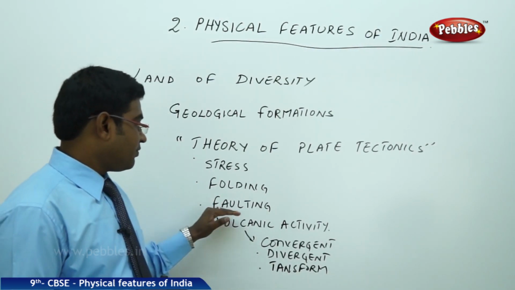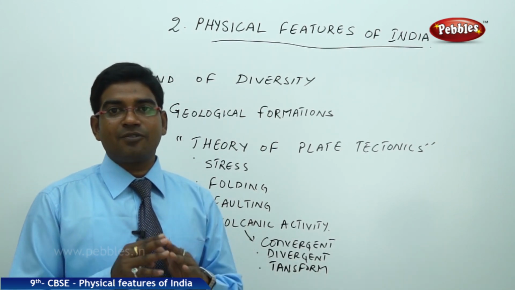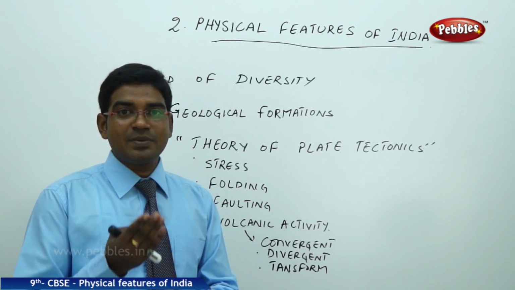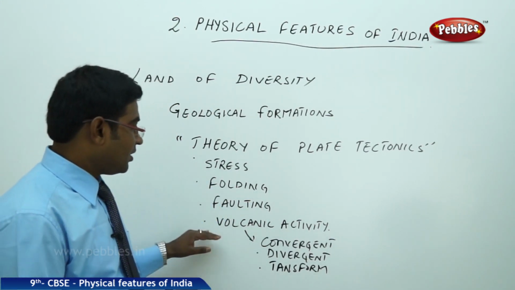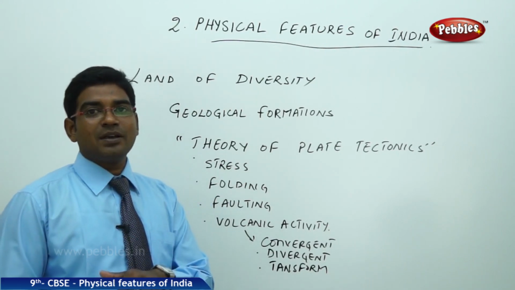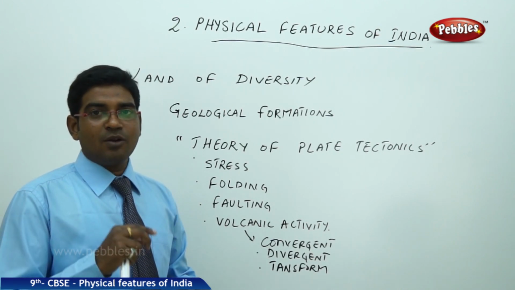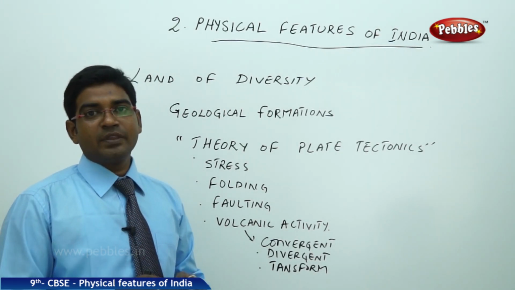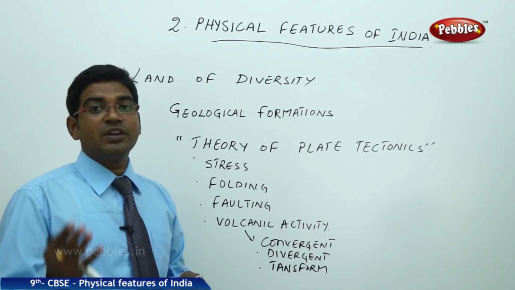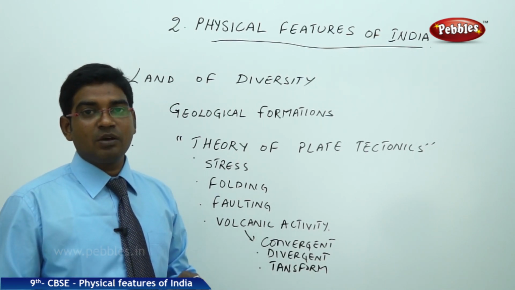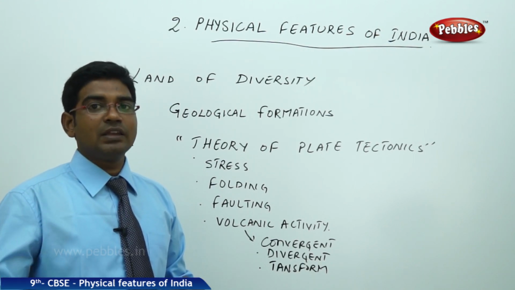And then we find faulting. When two plates move apart from each other, you find a disturbance in the landmass, that is called faulting. We also sometimes find land masses formed when there is a volcanic eruption, and when the volcano erupts outside, the entire landmass will be filled with lava, resulting in the formation of a plateau or a fertile plain land.